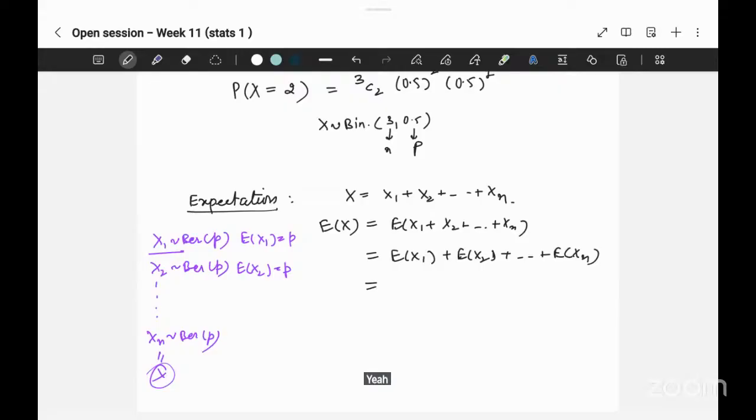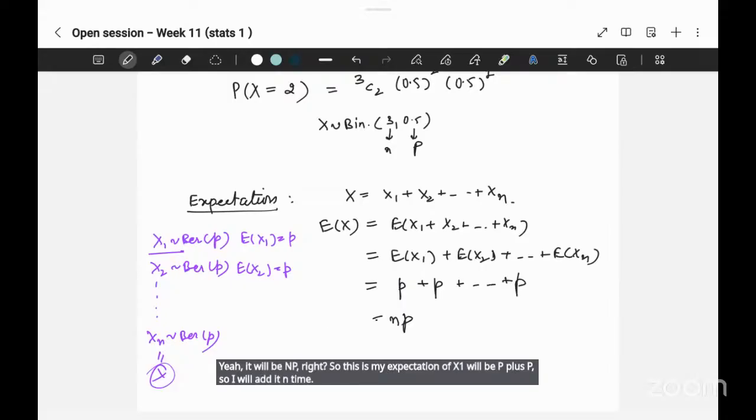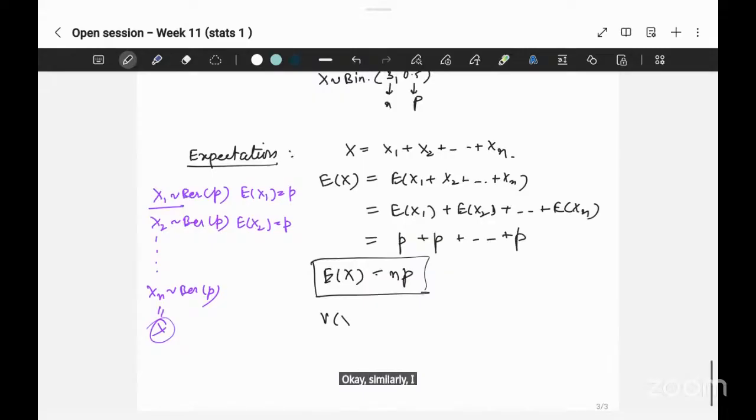Yeah, it will be NP. So the expectation of x1 is p, plus p, so I will add it n times. So it will be NP. Similarly, I get my variance to be NPQ, or you can say NP(1 minus P).